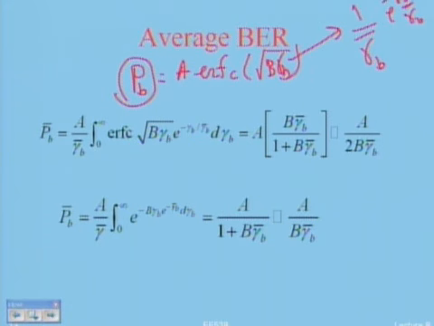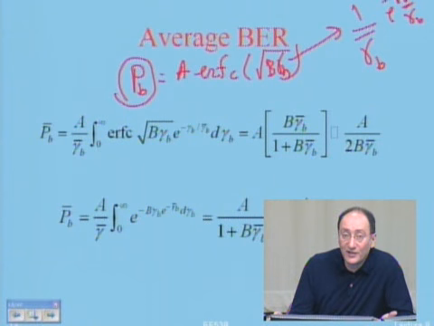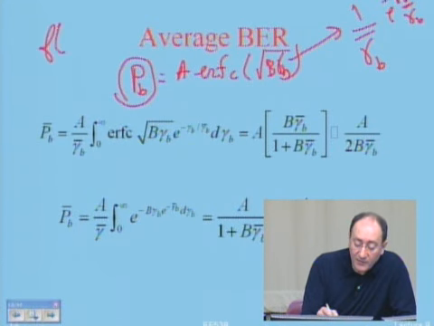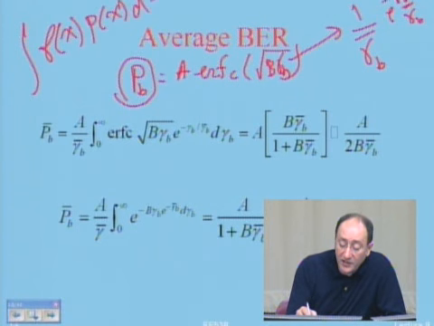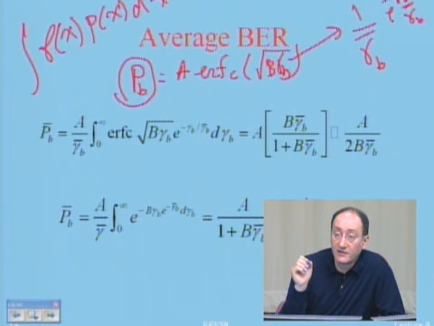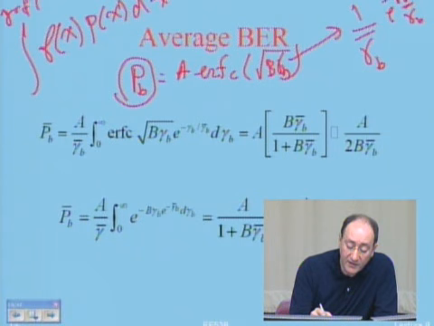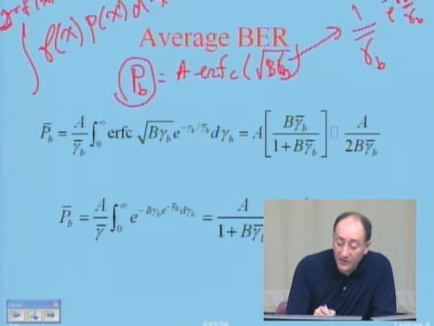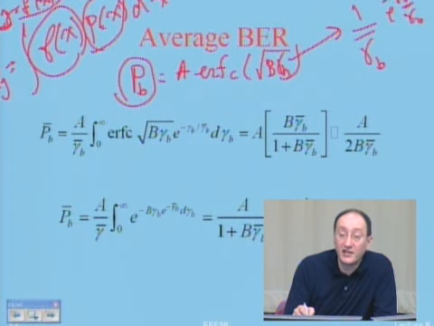Okay, do you remember how you do the averaging? If you have a function of a random variable, like y equals f of x, and you want to average it, what you do is take f of x, multiply it with p of x, which is the distribution function of x, and integrate over dx.